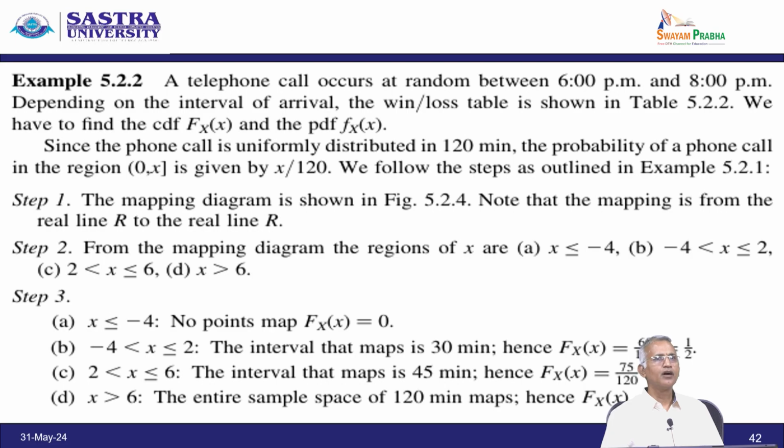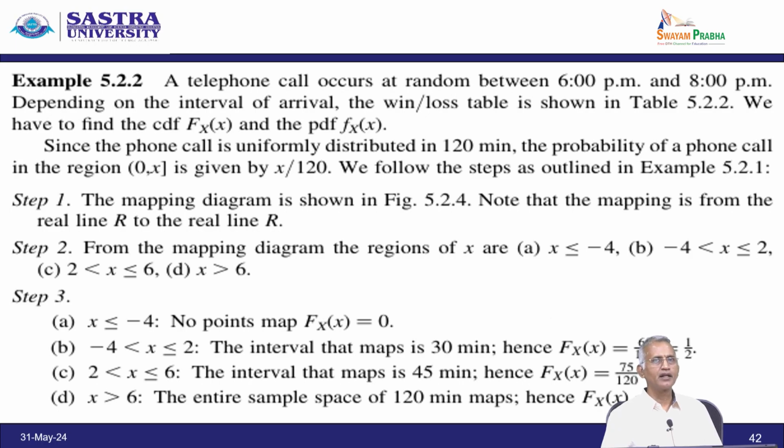Since the phone call is uniformly distributed over 120 minutes, the probability of a phone call in the region of x is given by x divided by 120. So, this is the outline of example 5.21, and the mapping is also shown in figure 5.24, the mapping in the form of real line R to R.